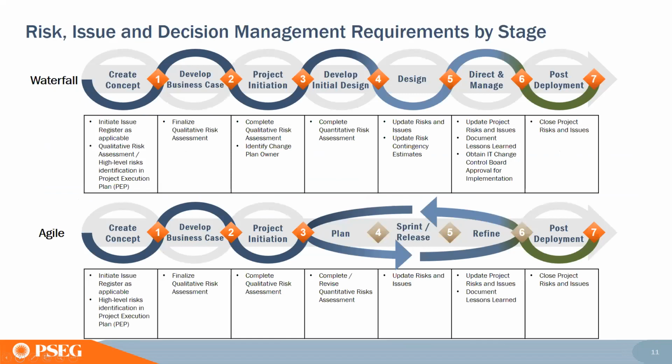So here is a look at RID management by stage. You've seen this image several times during today's training, but we'll apply the RID management process to this phase. Early on, we'll look at the waterfall flow. During the create concept phase, you're at a level of maturity that's only plus or minus 50% at this point.